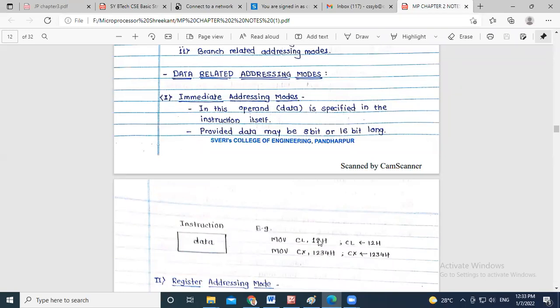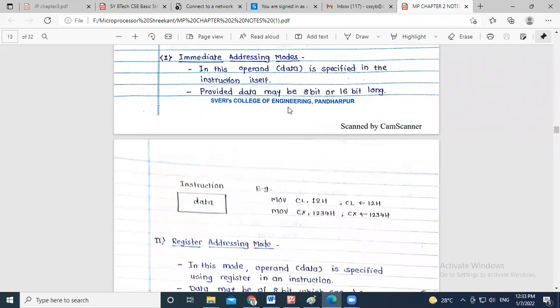So immediately this value you are going to transfer into the C register, and that is the immediate addressing mode. Why do we call it the immediate addressing mode? The value is directly shifted into the C register. This is the immediate addressing mode.